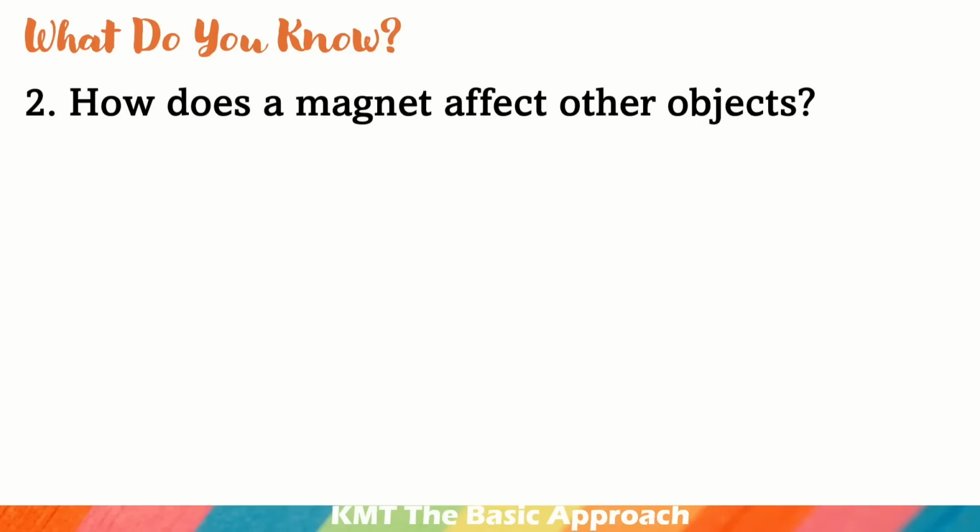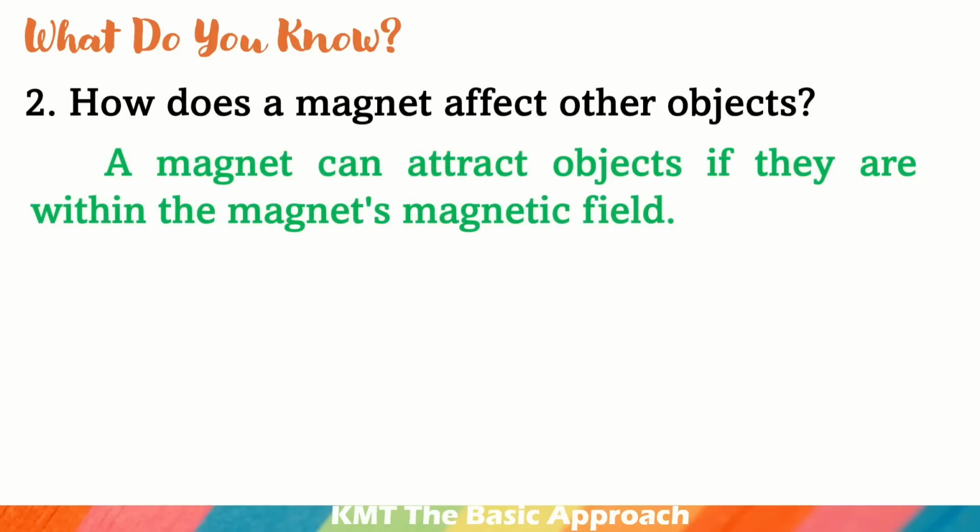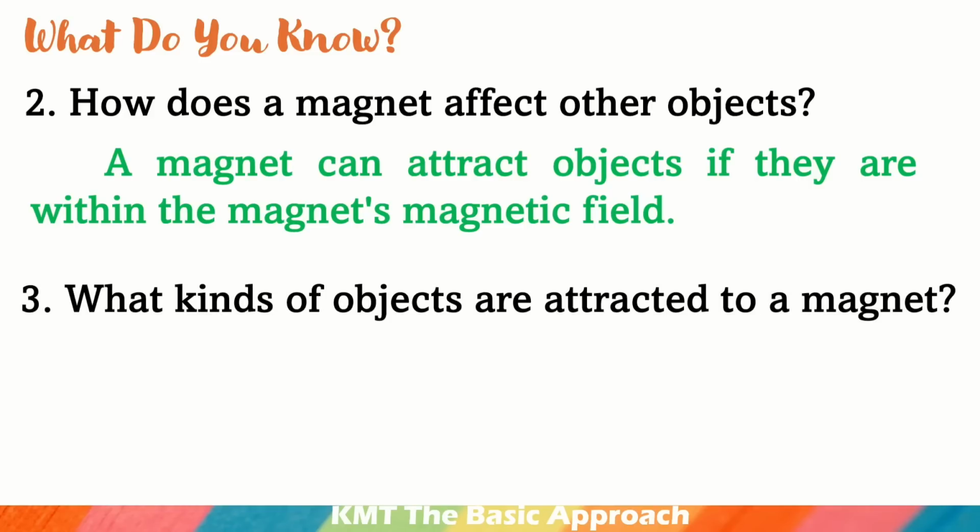Number 2. How does a magnet affect other objects? Great! A magnet can attract objects if they are within the magnet's magnetic field. Number 3. What kinds of objects are attracted to a magnet?